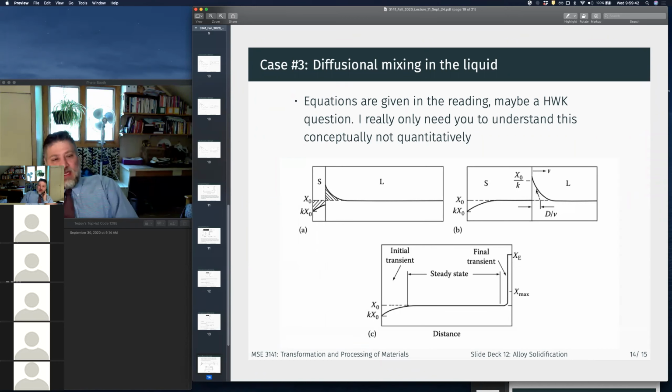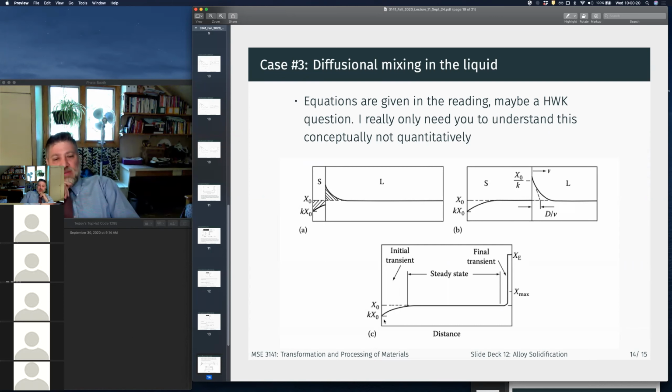So the key differences between the previous case where we considered perfect mixing and this case is that in the liquid far away from the interface, our composition is still our average alloy composition. So far away from the interface, we're at X naught in the liquid. The only region where we have this increased composition is right in front of our moving interface, right?